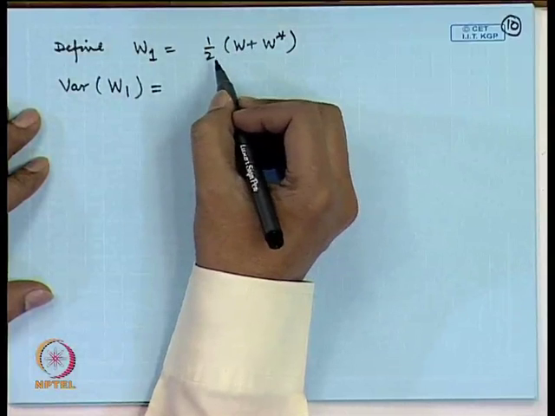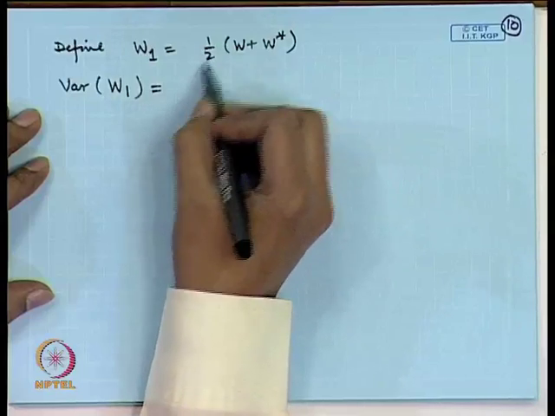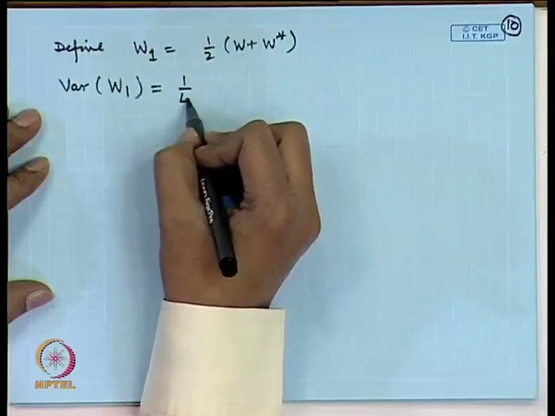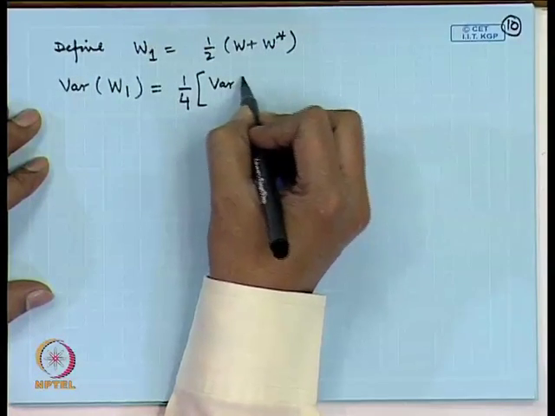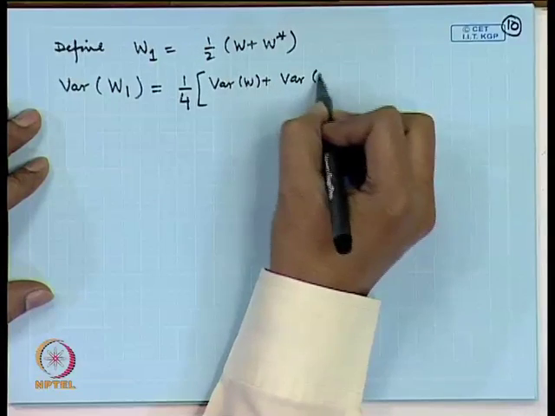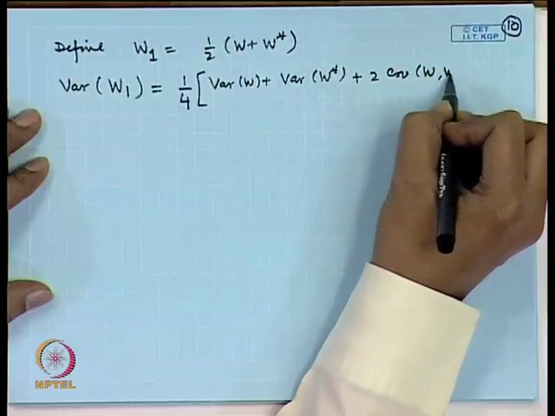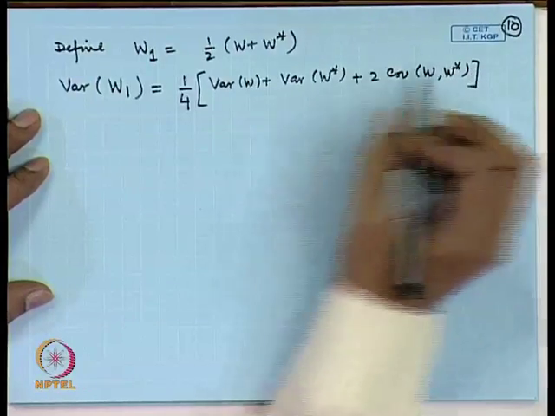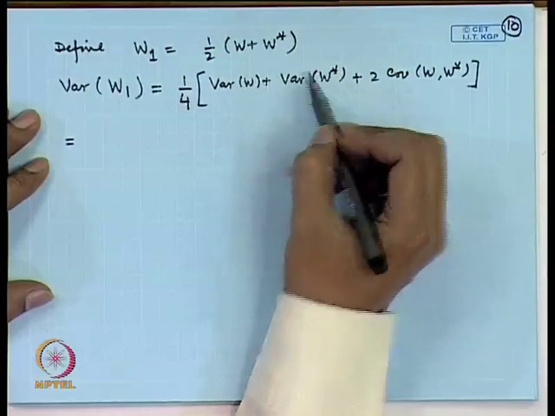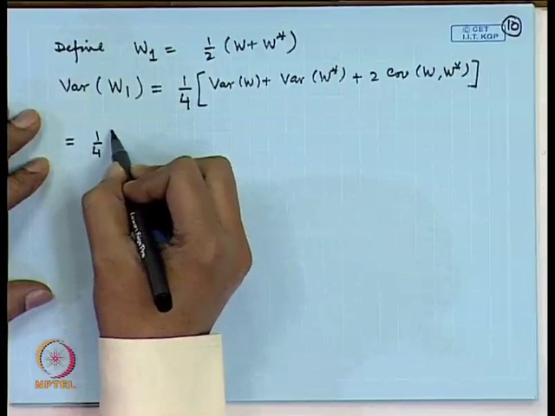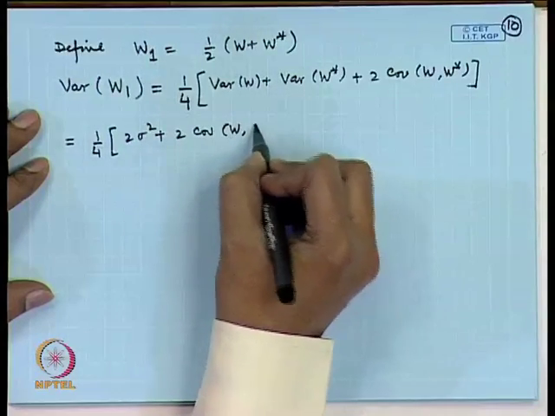We can apply the formula for a linear combination of variables. Variance of a constant times a variable is that constant square times the variance, so this becomes variance of W plus variance of W star plus twice covariance between W and W star. Now, we are assuming variance of W and variance of W star to be sigma square. So, it becomes 1 by 4 times 2 sigma square plus twice covariance of W and W star.